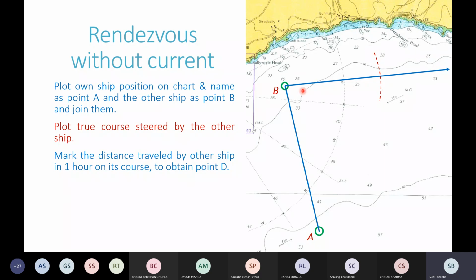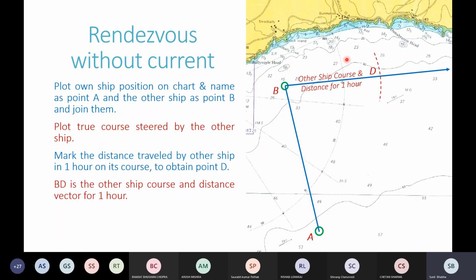The radius of this arc is equal to the distance traveled by the target ship or other ship in 1 hour. Let's mark this point as point D, where the arc is cutting the course line. Now this BD is the target ship or other ship course and distance vector for 1 hour.